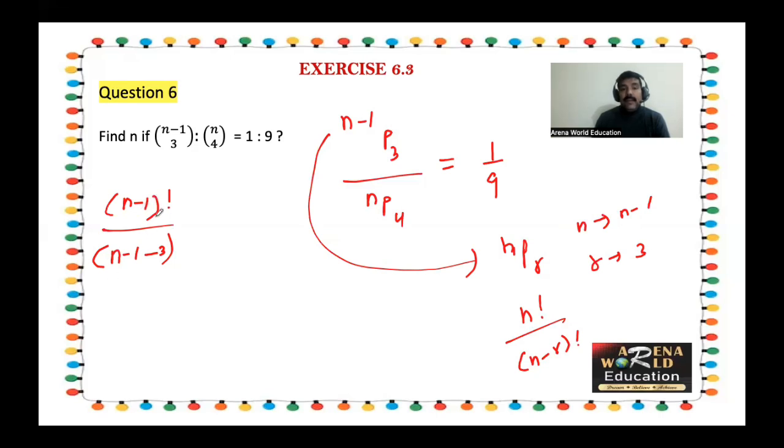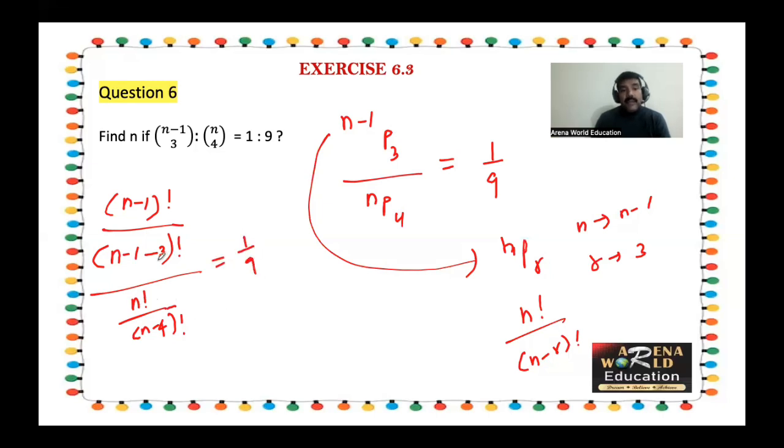So here it is (n minus 1) factorial divided by (n minus 1 minus 3) factorial. And the other one is n factorial divided by (n minus 4) factorial, and this is equal to 1 upon 9, right?